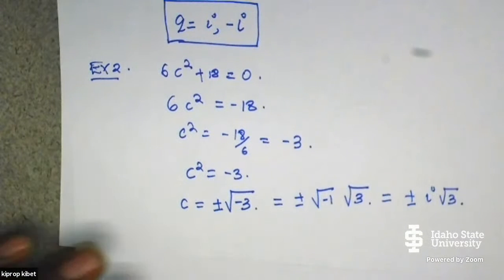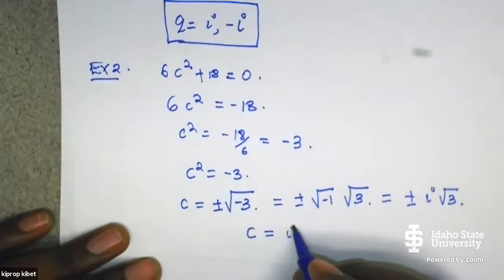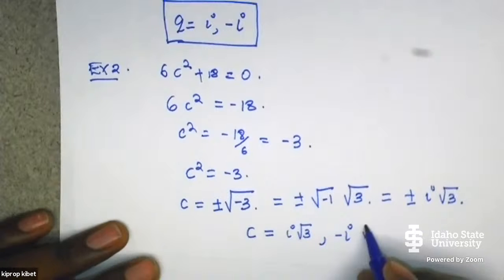So therefore, our c is equal to i root 3 or minus i root 3.